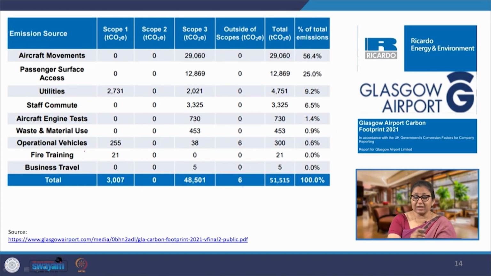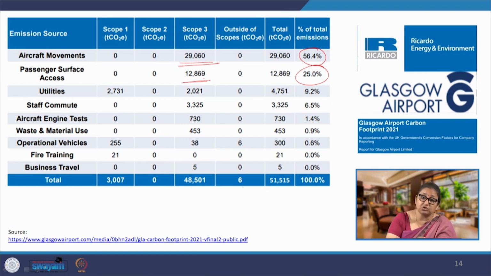If we look at the numbers in detail, we will see that the maximum amount of emissions coming from Glasgow airport is from the aircraft movements, which is largely scope 3, which we have already talked about. After that, there is passenger surface access, which is again significant.